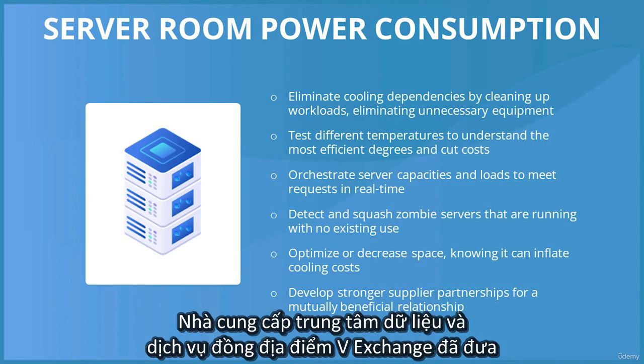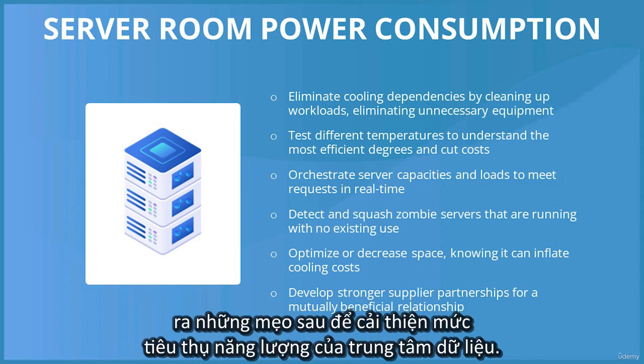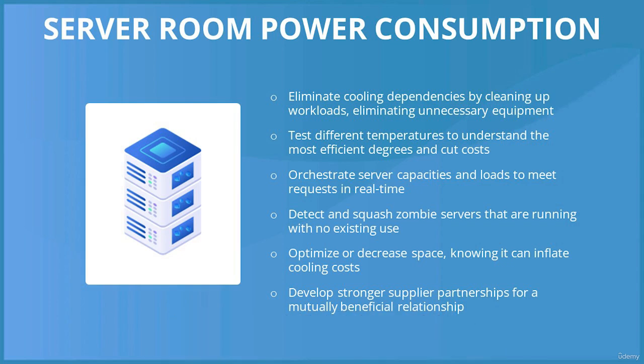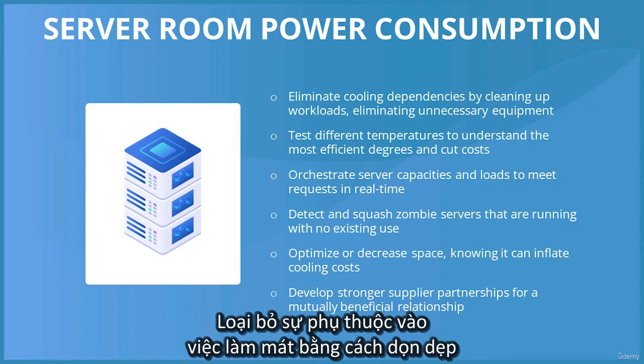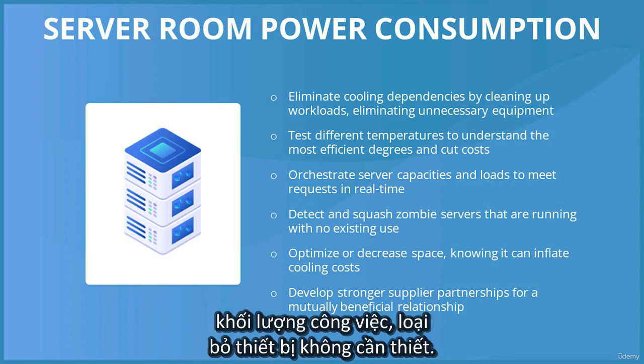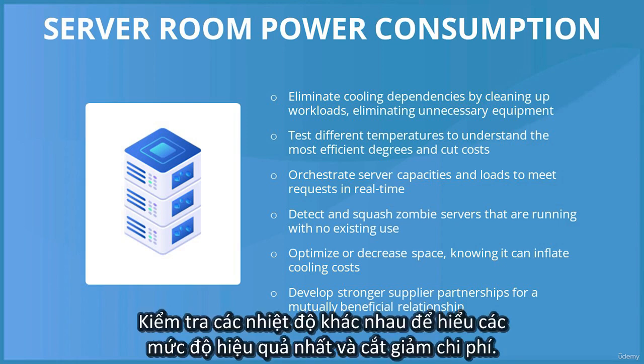Data center and colocation vendor vExchange offered the following tips to improve data center energy consumption. Eliminate cooling dependencies by cleaning up workloads, eliminating unnecessary equipment. Test different temperatures to understand the most efficient degrees and cut costs.